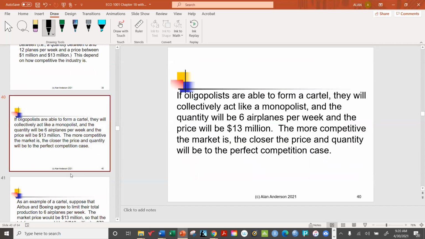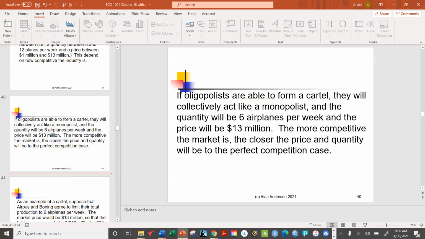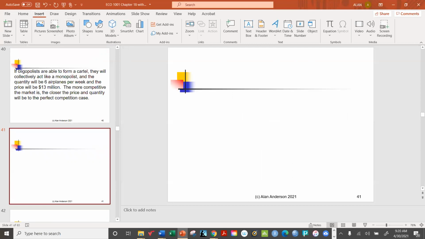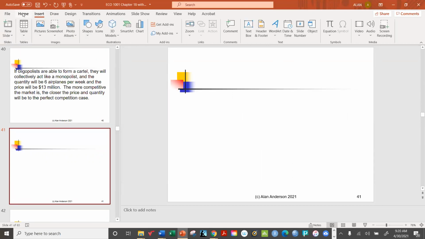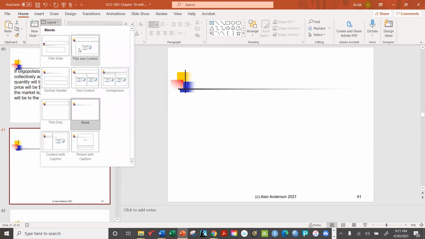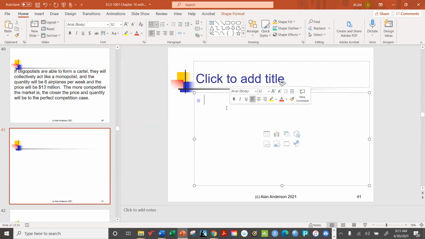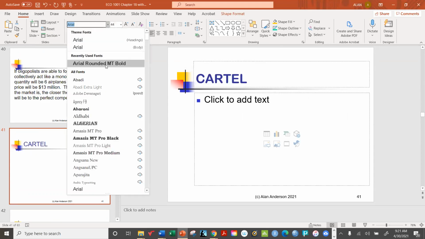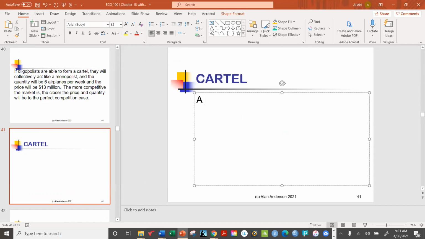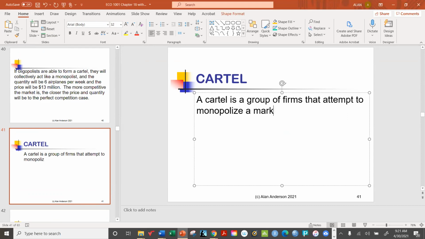Here we go. Let me just throw this in here. Just in case we've forgotten what that means. Okay, a cartel is a group of firms that attempt to monopolize a market.